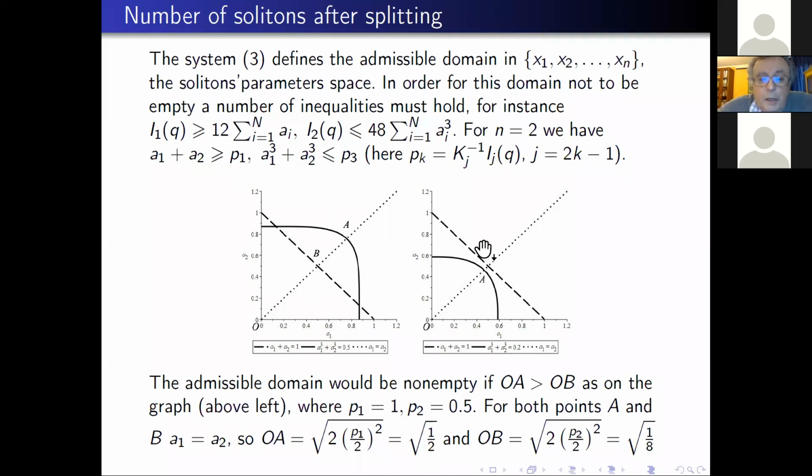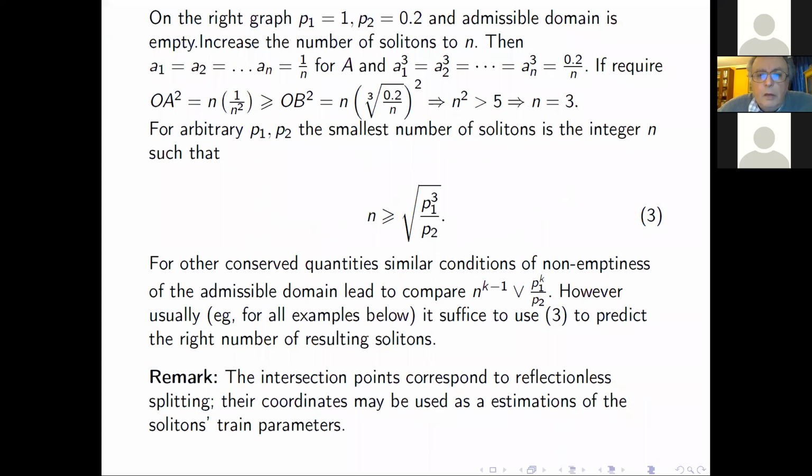It is simple to get the coordinates of these points, and for the given values of P1 and P2, we get one or another graph.